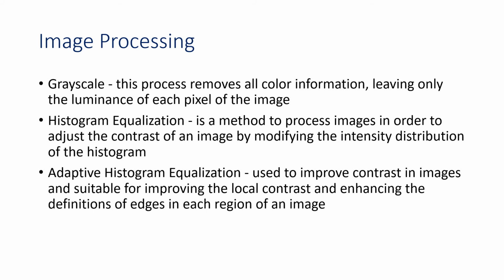The grayscale process removes all color information, leaving only the luminance of each pixel of the image. Later I will show you a sample of the grayscale output. The histogram equalization is a method to process images in order to adjust the contrast from the grayscale of an image by modifying the intensity distribution of the histogram. While the adaptive histogram equalization, compared with histogram equalization only, is used to improve contrast in images and is suitable for improving the local contrast, which is per region, and enhancing the definition of edges in each region of the image.